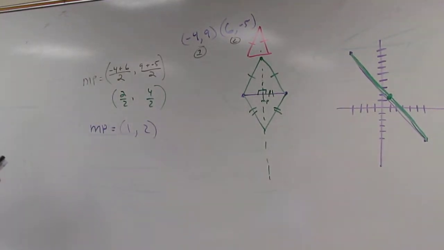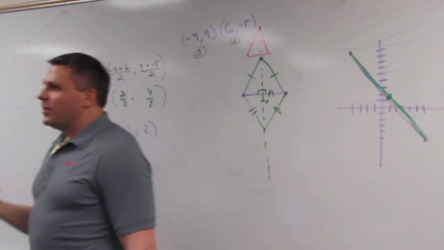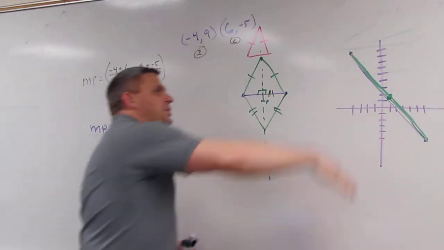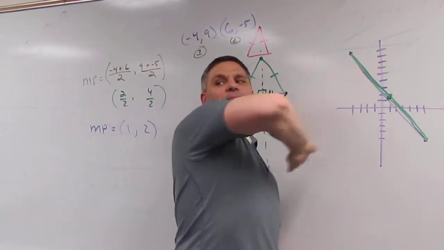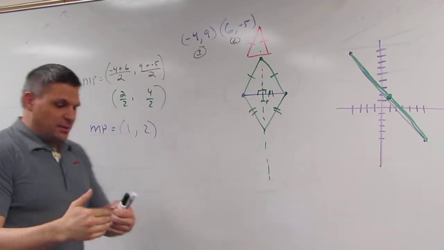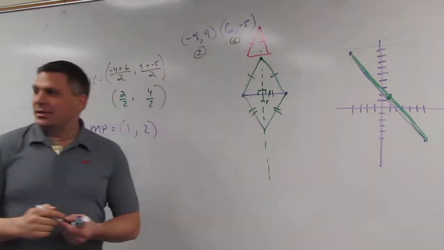And now we need to have it go through there at a perpendicular. So what do we need? We need slope. We need to know this slope so that this slope is the opposite inverse, or flipped and smacked. So, how do I find the slope of these 2 points?